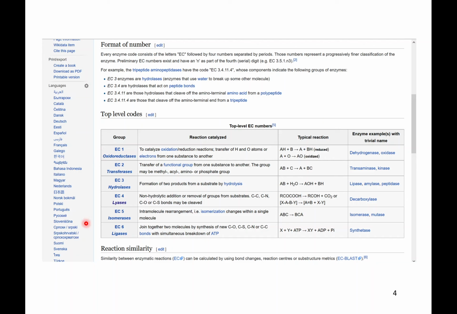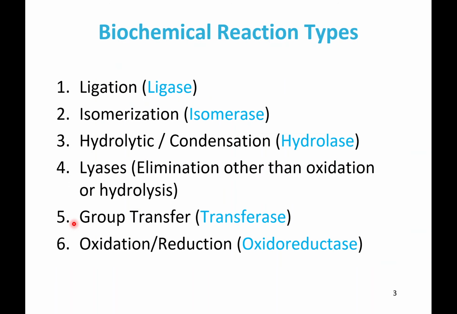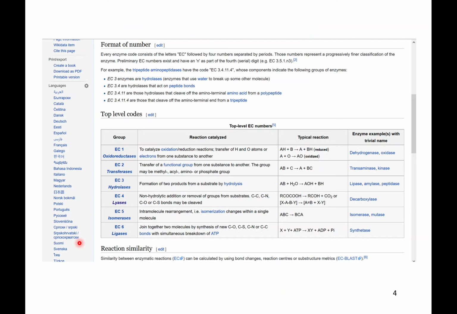They're just in a reverse order here, where class 1 is an oxidoreductase and class 6 is ligases, and we presented it in the reverse order in the class. But I wanted to point that out because when you see an enzyme, you'll see the EC and then certain numbers after it to tell you what type of enzyme it is. The first number in there is telling you the type of reaction it catalyzes.